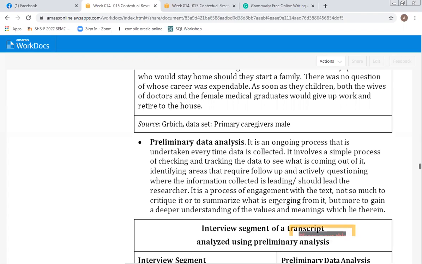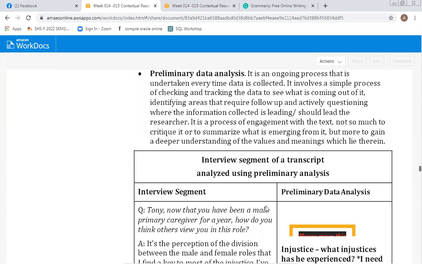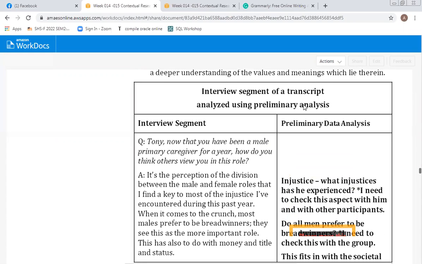It is a process of engagement with the text, not so much to critique it or summarize what is emerging from it, but more to gain a deeper understanding of the values and meaning which lie therein. Okay? So, ito naman yung format. Interview segment of a transcript analyzed using preliminary analysis.